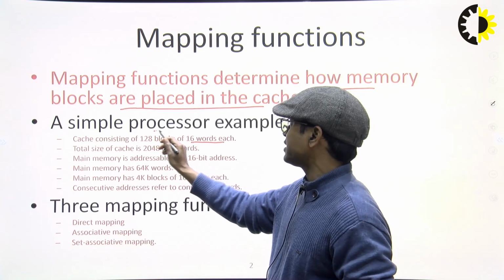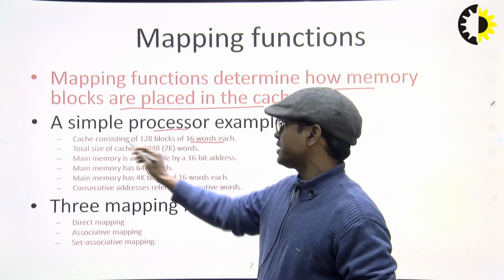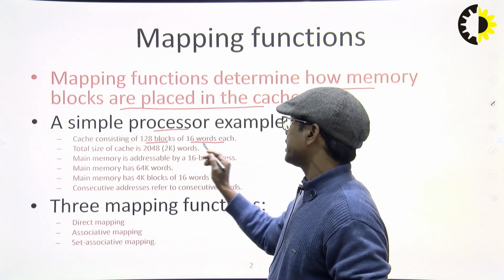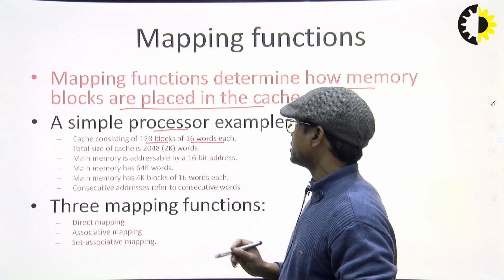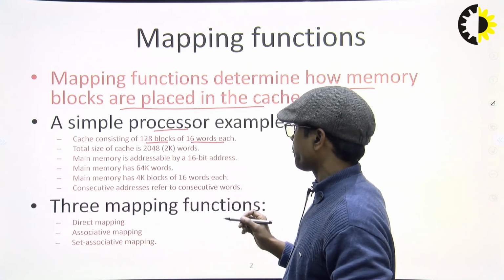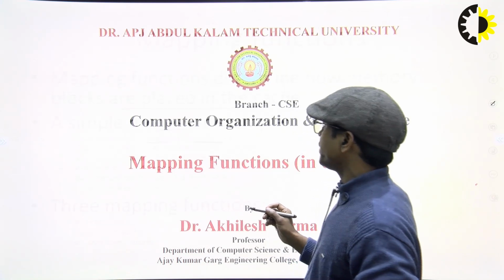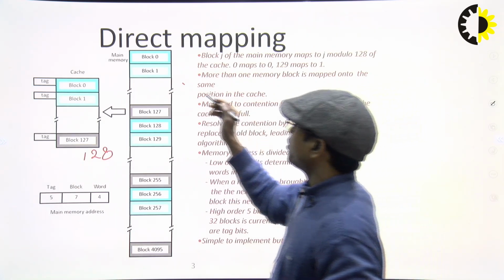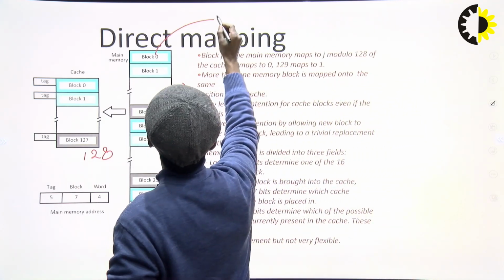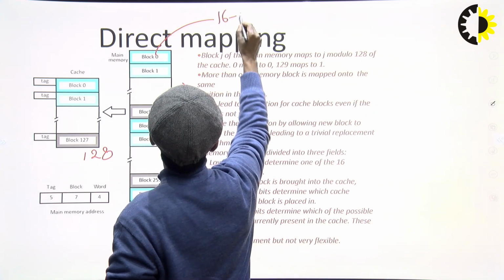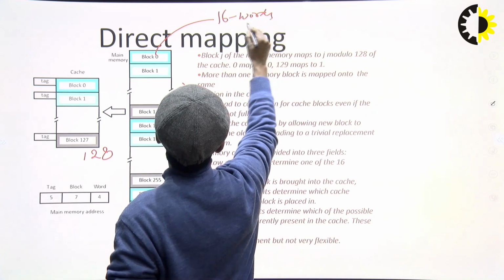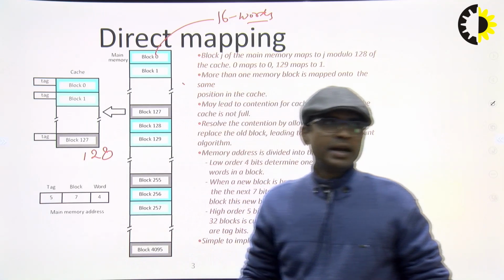In this example, a simple processor with cache and main memory, the cache consists of 128 blocks and each block consists of 16 words. So, every block has 16 words.